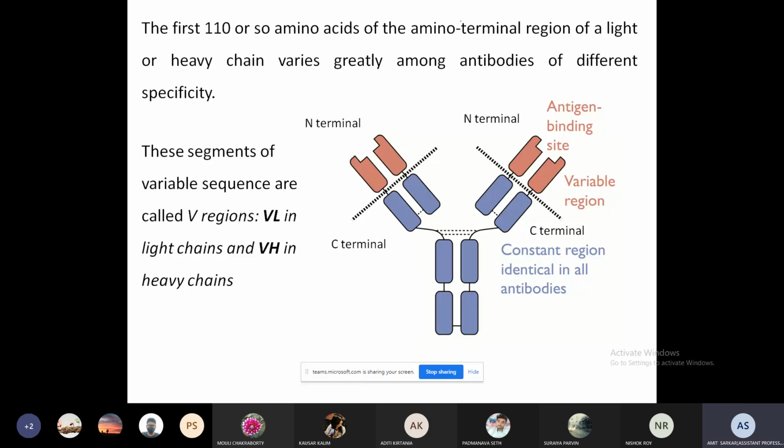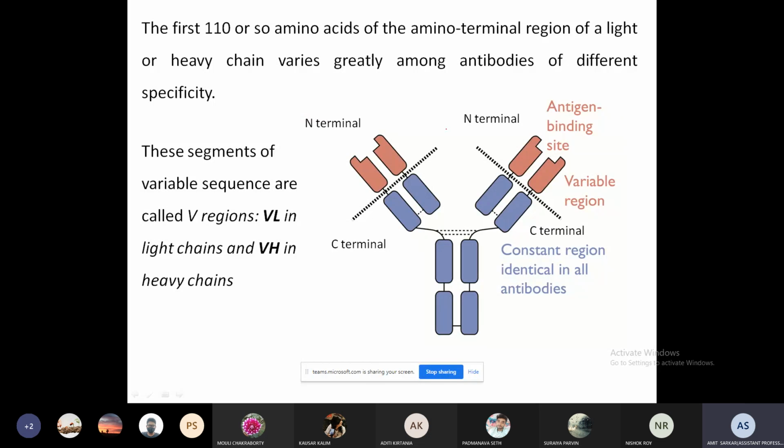Now, what is the meaning of N-terminal? When we talk about a protein, we define the protein as having two different ends. One is the N-terminal or amino terminal, and another is the C or carboxy terminal.